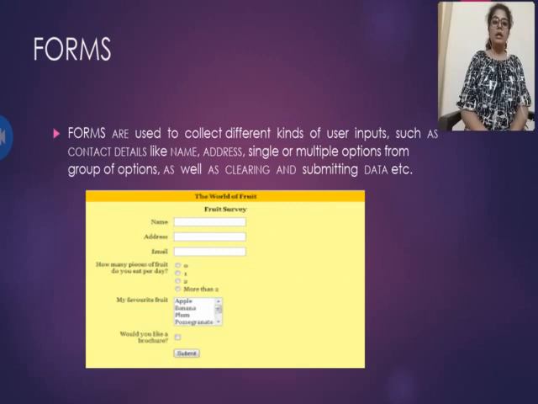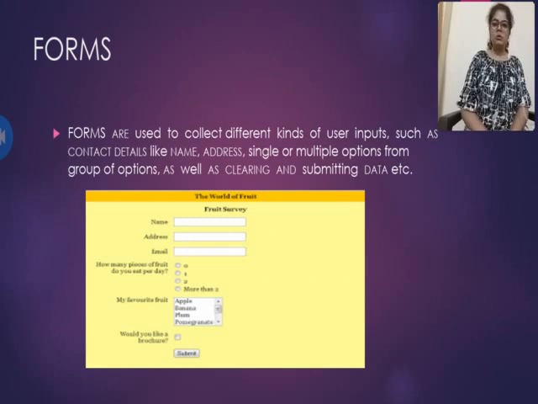Form is an information gathering tool. We have studied also in the 11th about forms, why we use forms and how we can create forms. So form is an information gathering tool which is used to gather the information from the user. Look at the form. I have taken an example of a form in which there are three text boxes with name, address, email. Next is radio buttons.